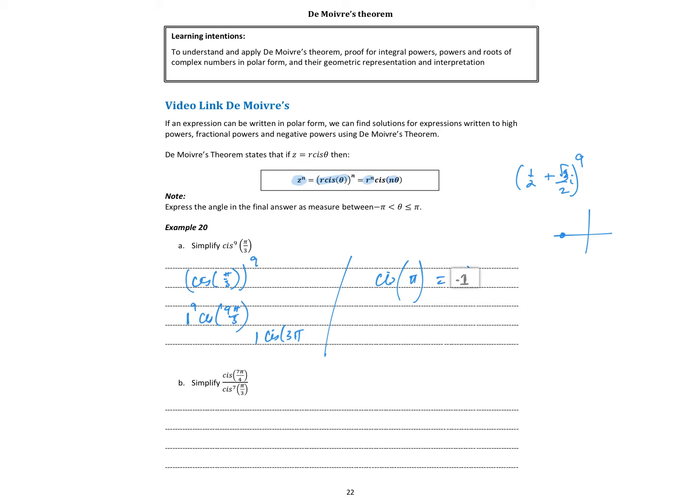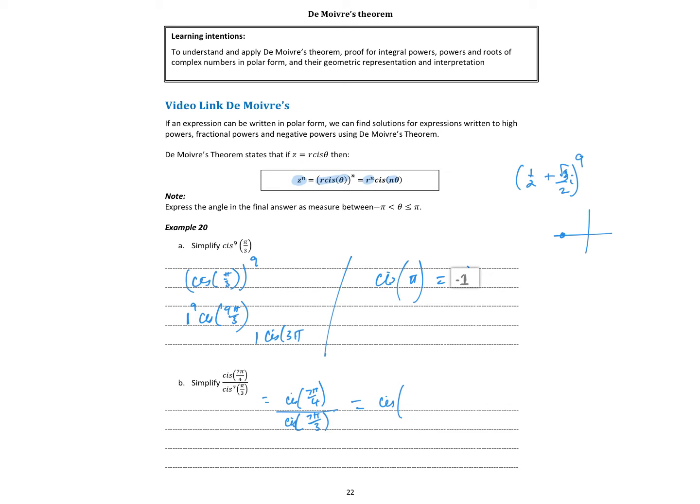So we know that if we divide, we subtract the angles, but let's work out what the angles would be first. This expression, the top, nothing really happens there. Denominator, cis pi on 3 to the power of 7 is the same as cis 7 pi on 3.